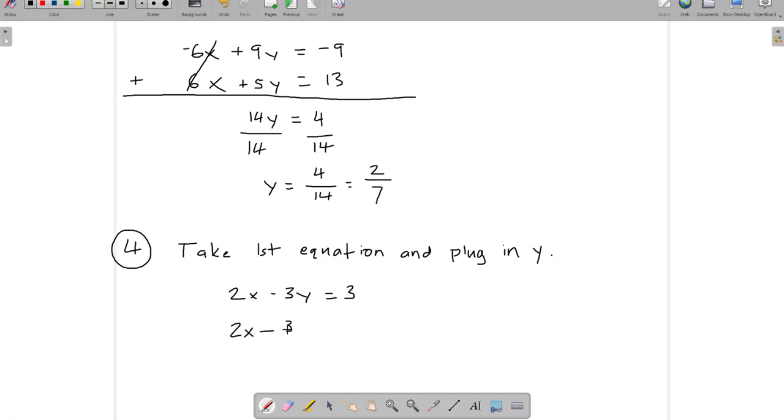2x minus 3 times 2/7 equals 3. Remember, this is 3 over 1. We're going to want to multiply this fraction times the 3, so 2x minus 3 times 2, 6 over 7 equals 3.